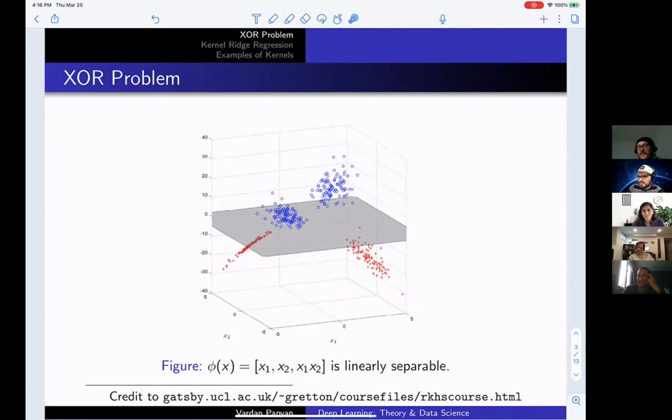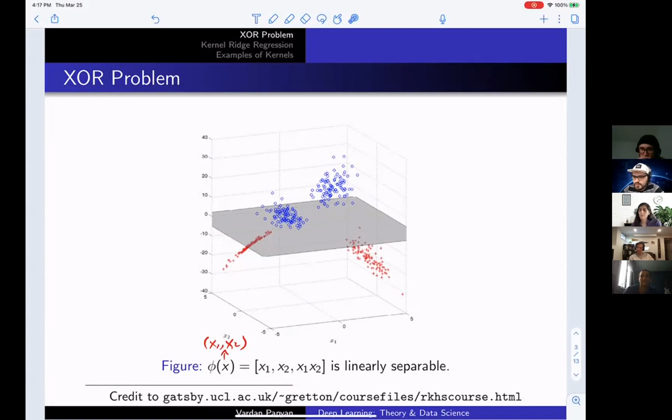Maybe next iteration. So basically what we're doing is we're taking x, which is a tuple of x1 and x2, and we are mapping it to a new tuple of x1, x2, and x1 times x2, in R3. Why would you do that?